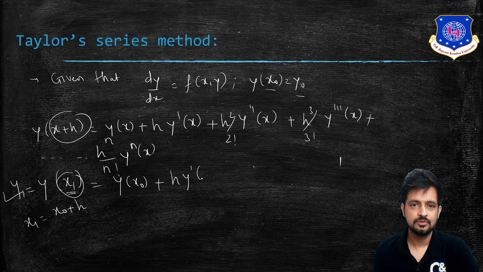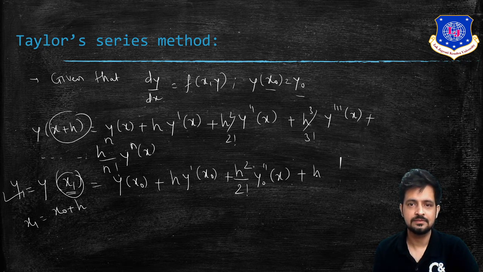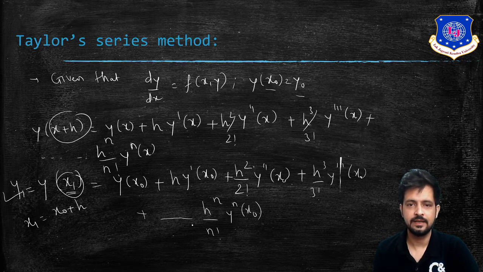So y1 is equal to y of x0 plus h into y dash of x0, plus h square by 2 factorial y double dash of x0, plus h cube by 3 factorial y triple dash of x0, and so on, up to h raised to n upon n factorial and the nth derivative of x0.